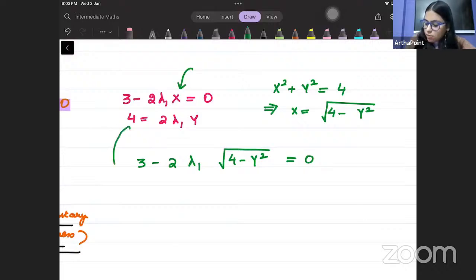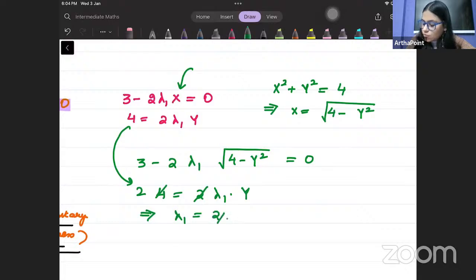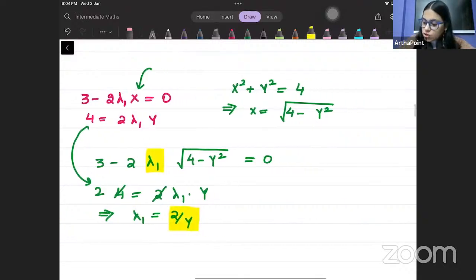And from here, I know that 4 is equal to 2 lambda 1 into y. So I can solve for lambda 1. This will cancel out and I will get lambda 1 as 2 by y. So I can plug in this value of 2 by y for lambda 1. So what will I get?